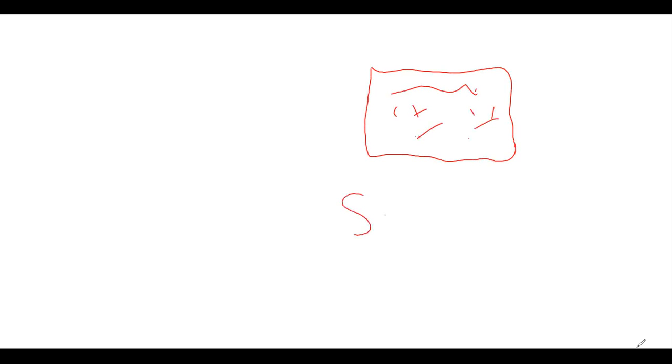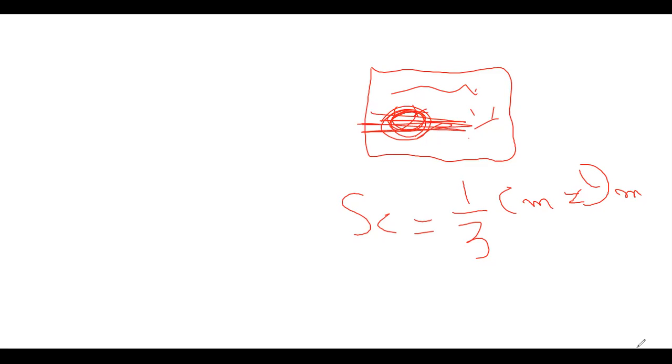Are you getting this? Look at this. This is the blueprint of that building. The scale is 1 by 3 centimeters, that is equal to 9 meters. Somewhere there is a hallway, a path, and its length is 9 meters.